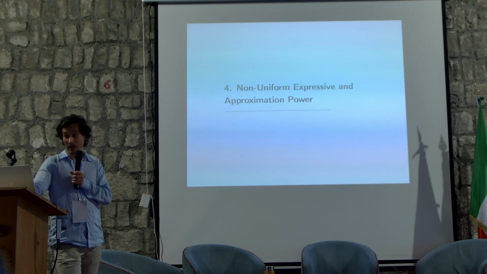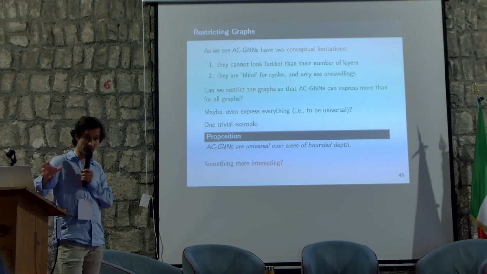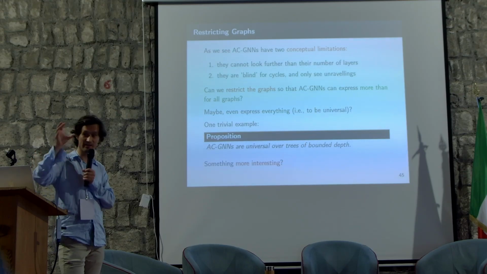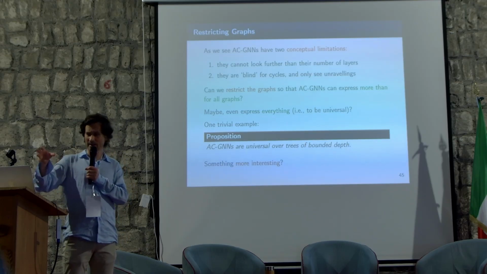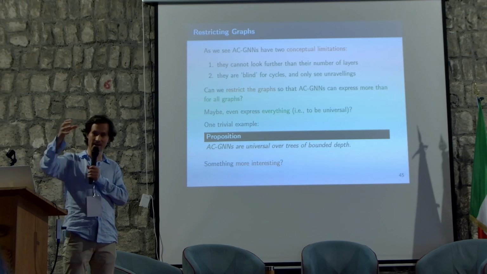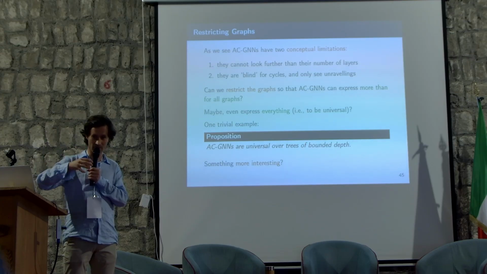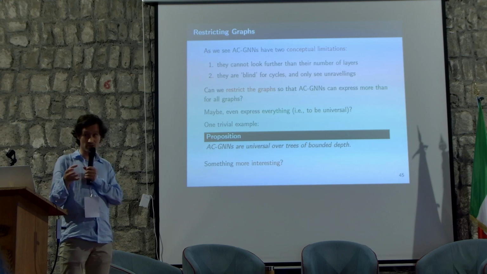And the last thing is that, of course, we can find some other notions of expressivity. This uniform expressivity is actually very strong, but sometimes we want to relax it somehow. There exists non-uniform expressive power, which lies in between distinguishability and uniform expressibility. But also you can think about approximations, of course.